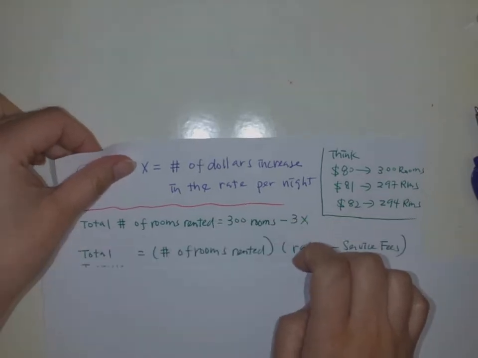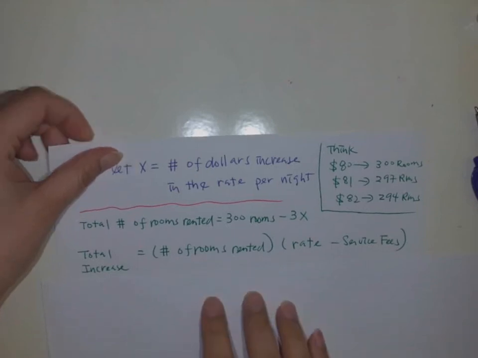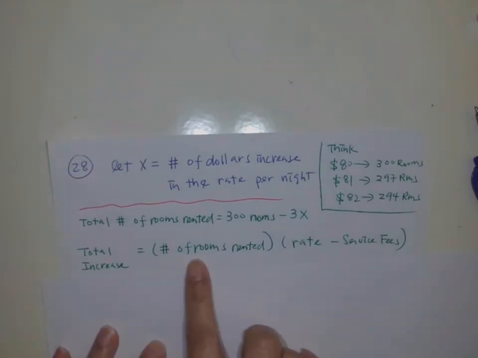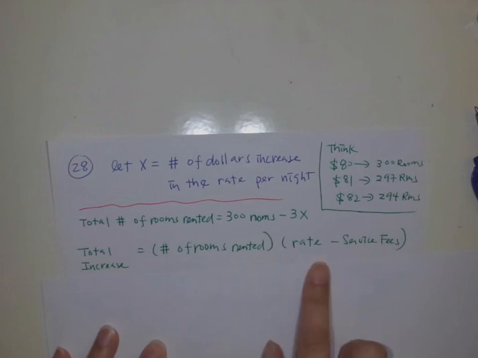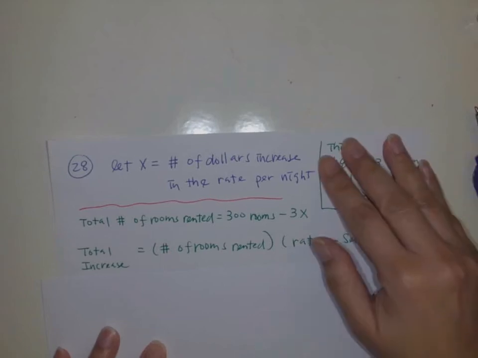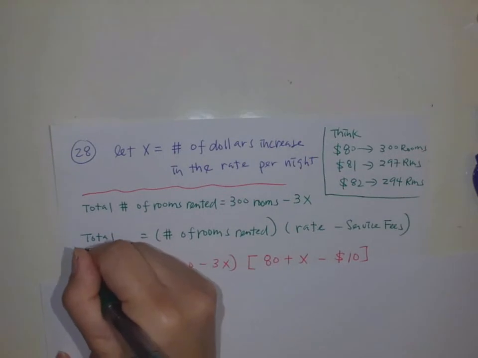And the total profit is going to be how many rooms you rent out times what rate you're charging, but don't forget you need to pay a $10 service fee for each room.